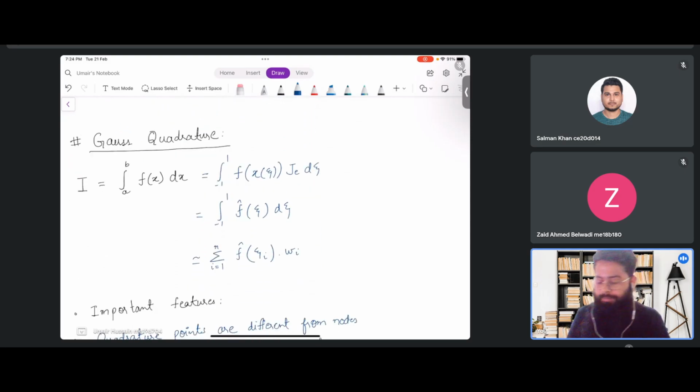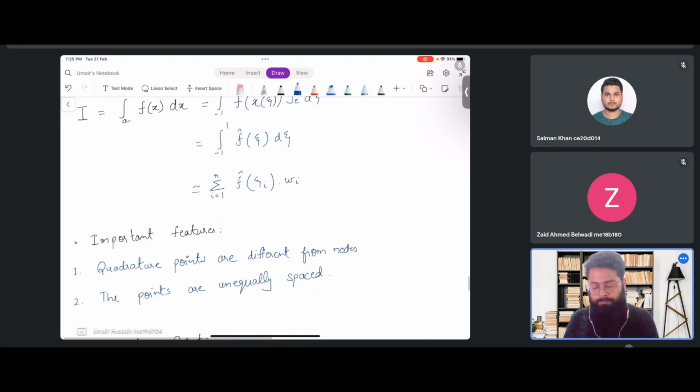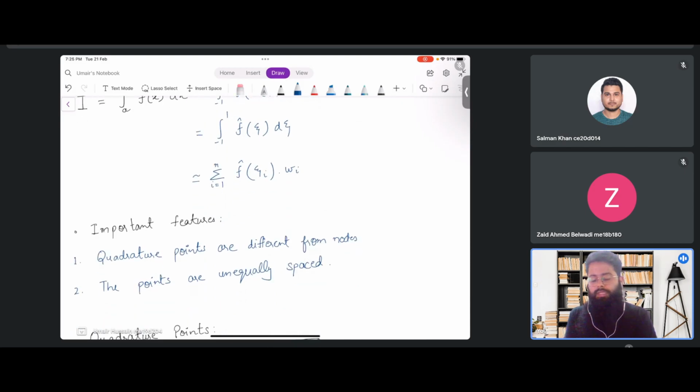Again, we are back to the Gauss quadrature method that we studied earlier. There are two methods commonly used in FEM to numerically integrate, and the most popular among them is the Gauss-Legendre quadrature formula. An important feature of this rule is that the quadrature points are not essentially the same as nodes.